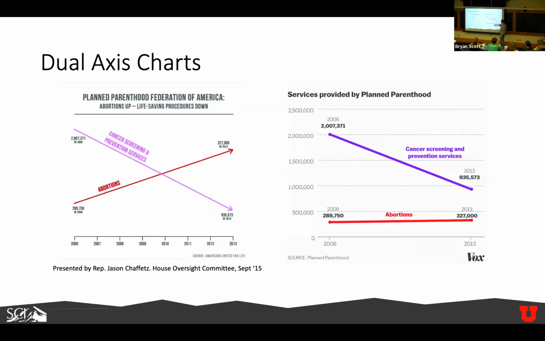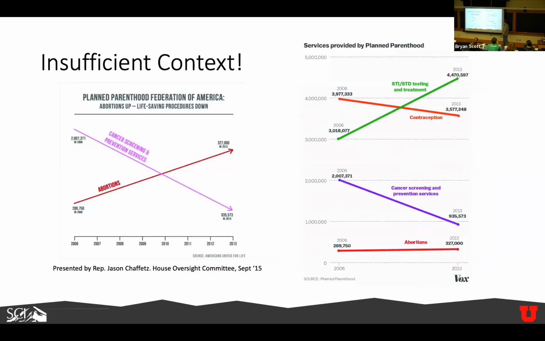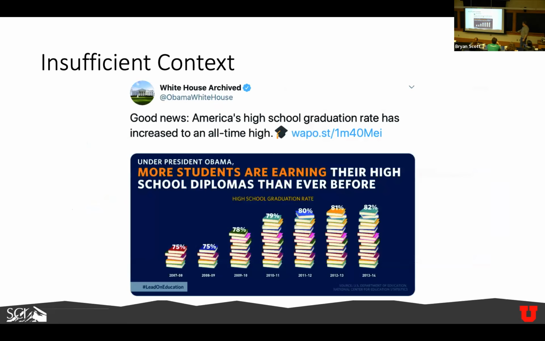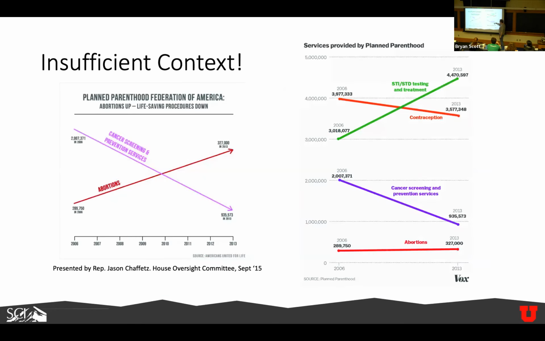So abortions made a little tick upwards, and screenings did come down, but it's still significantly more than the abortions. Whereas you look at that chart, and it looks like they're doing way more abortions than they are doing cancer screening. It doesn't matter which political party you look at. They both do this. So that was from a Republican congressman.